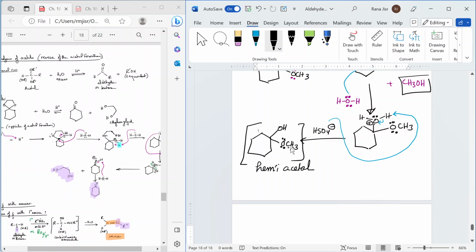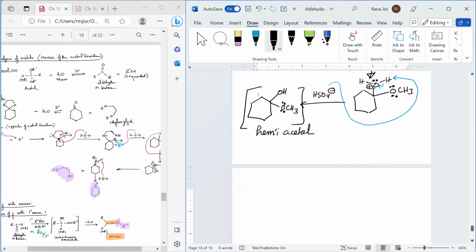Now, after forming my hemiacetal in here, remember that I want to get rid of the OCH3. So to get rid of the OCH3 in there, we're going to go ahead and use the acid again, because the OCH3 cannot leave with a lone pair on the oxygen. I need to protonate the oxygen to make it leave. And to protonate the oxygen and make it leave, I would need to use an acid. So I'm going to use the acid again, which is the H plus in there.